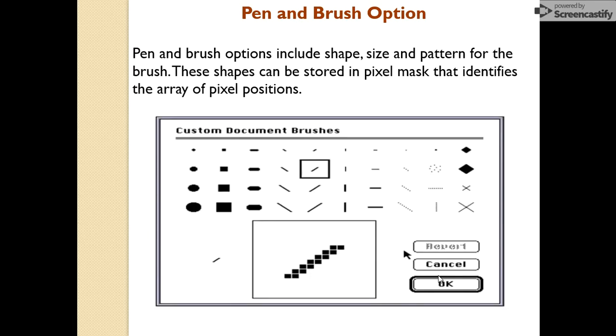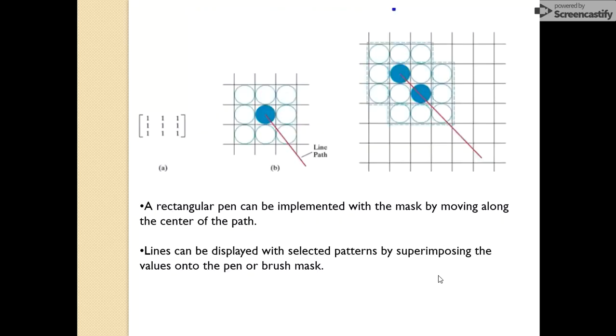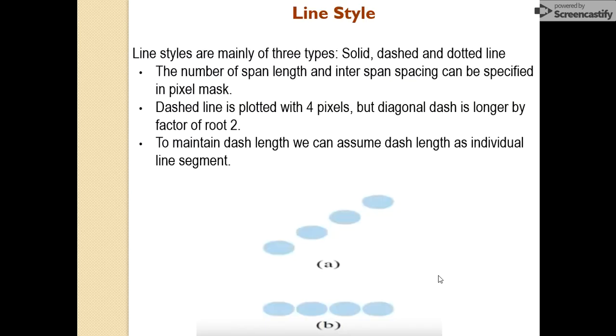The computer has given us various options like a circular shape, a rounded rectangle, a line, where it draws the pen. Once you hold your mouse and drag it down, it draws a line on the screen. So this is the way the pen draws a straight line or a solid line.